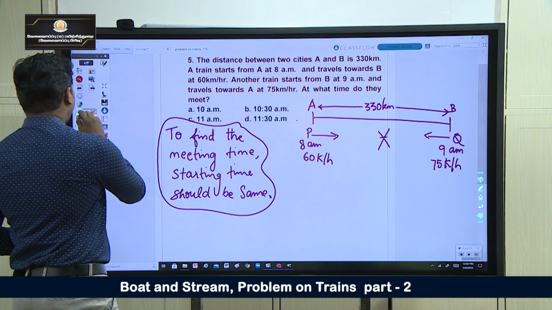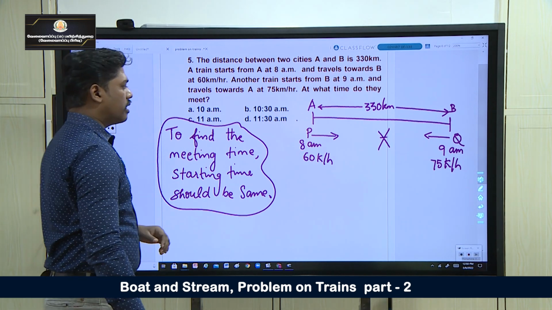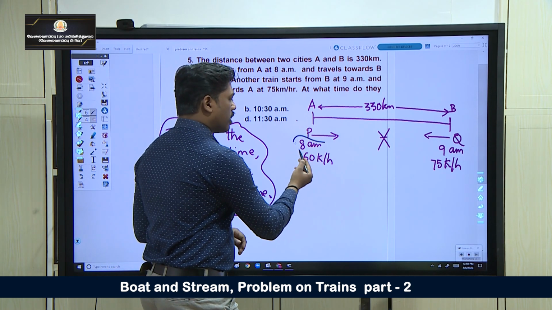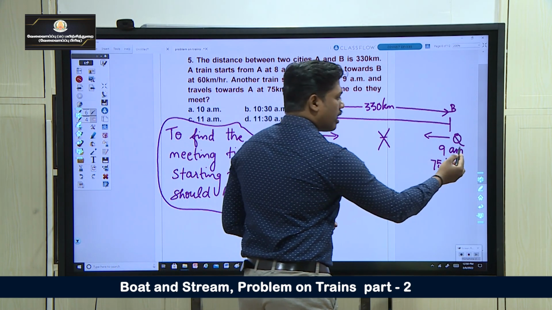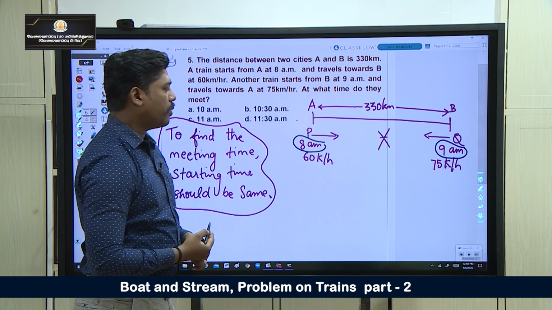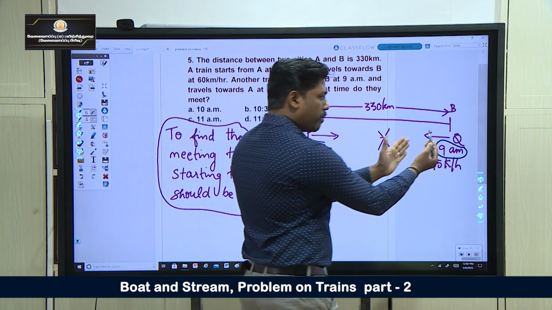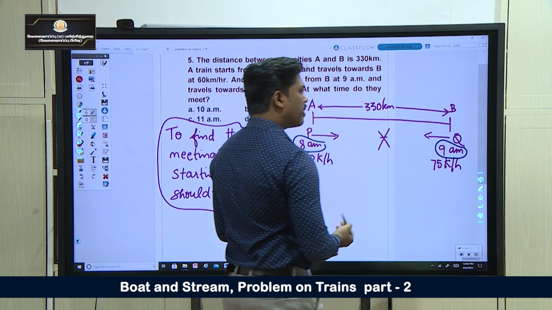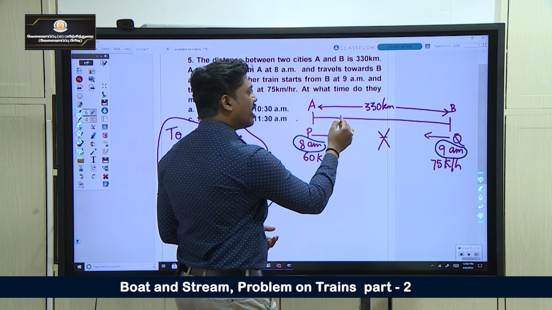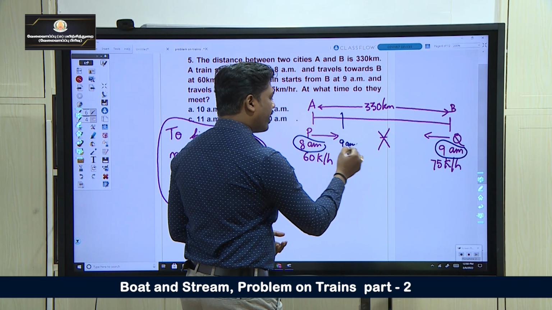So look at the starting time here. Here we have 8 a.m. and here 9 a.m. So what can I do? I cannot change this timing, but at 9 o'clock I can find where the first train is.